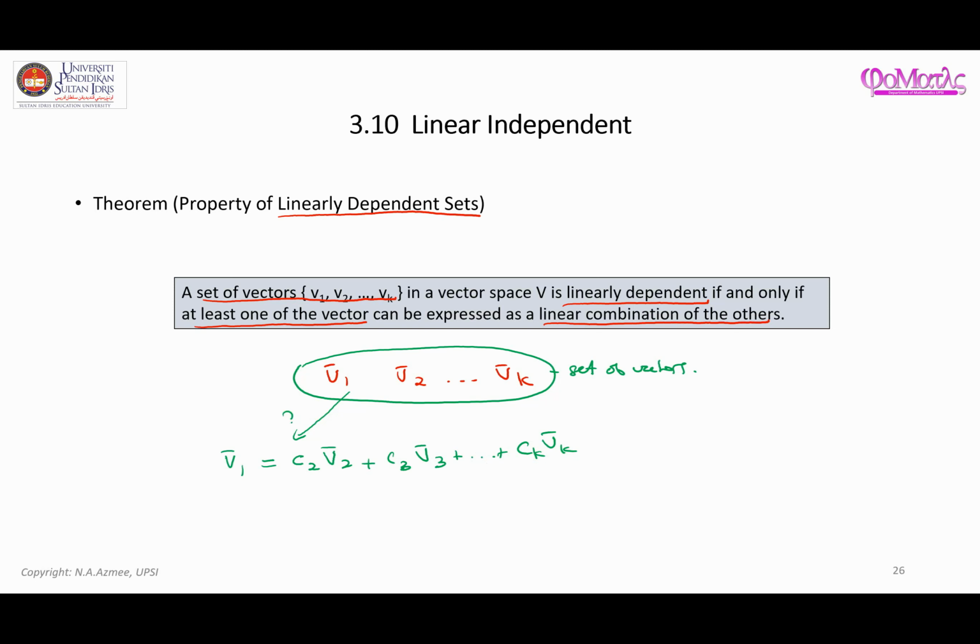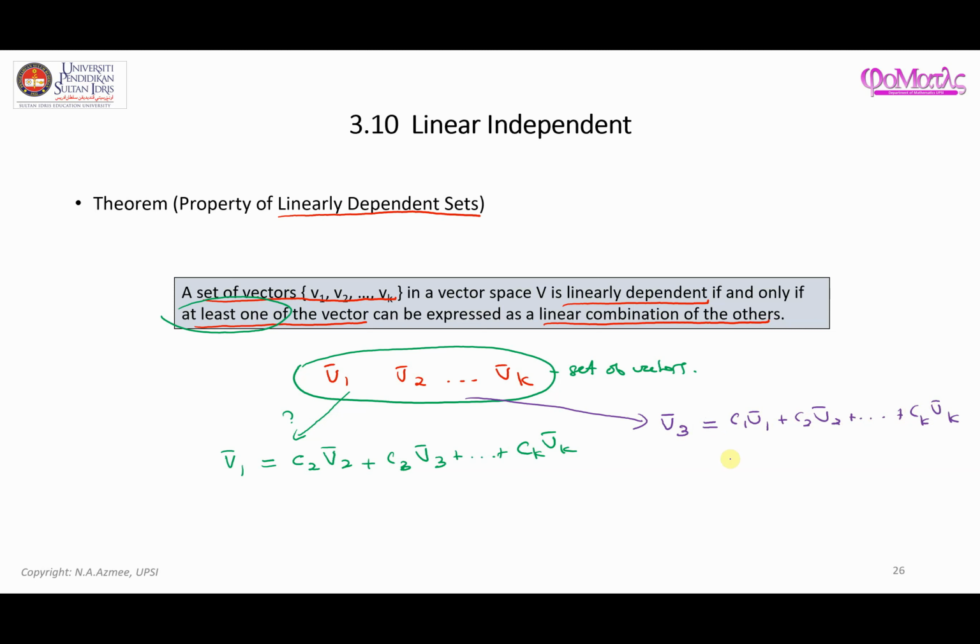Can we do that? And notice that here it says at least one of the vectors, so it could be more than one possible combination. So this could be the first possible combination, but it could be a different combination where maybe you have vector 3 expressed in terms of the combination of vector 1, vector 2, and so on until vector k.